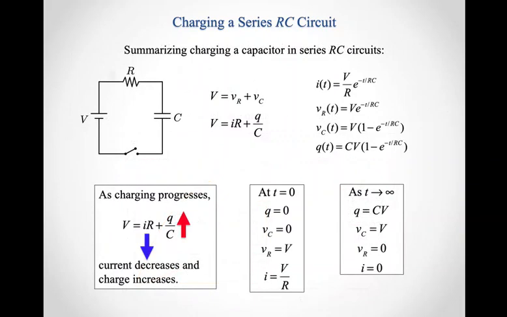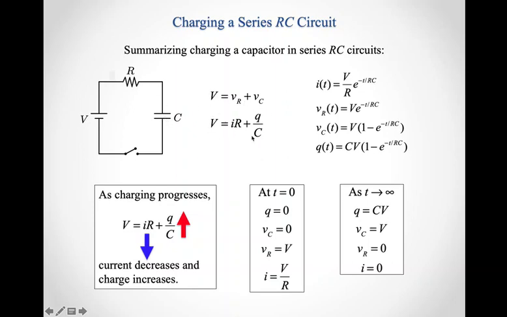So let's summarize all of this. Again, here's my circuit that I've got to charge my capacitor. I know that at any point in time, my loop rule tells me that the voltage of the battery has got to be equal to the voltage drop across each of the two other components in my circuit. So the voltage drop across the resistor plus the voltage drop across the capacitor, and again that's a voltage drop across the capacitor because it's generating a back EMF.